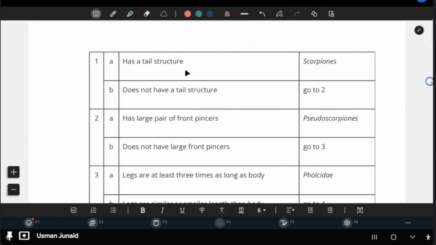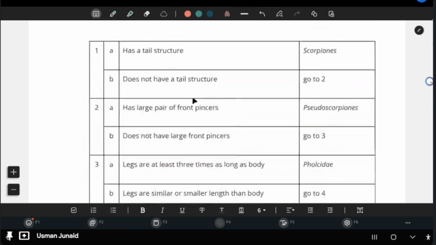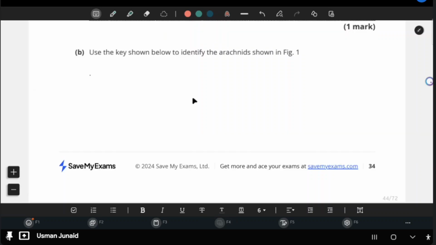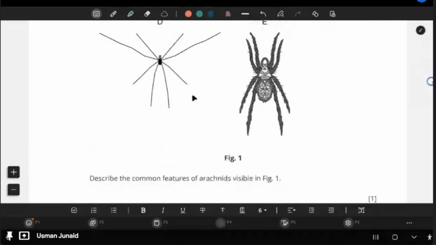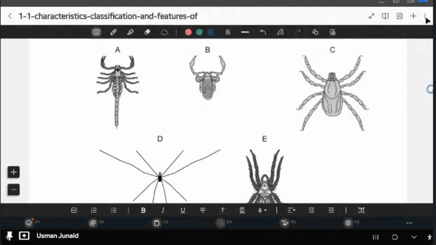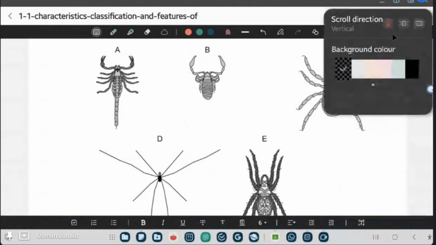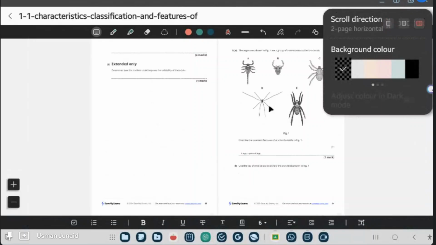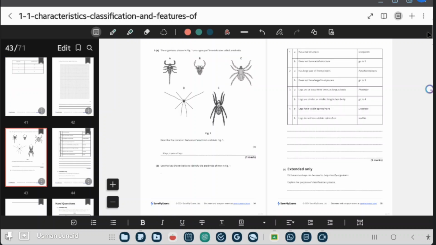So has a tail, does not have a tail. Okay. Using these questions, identify the arachnids in question number one. Okay.